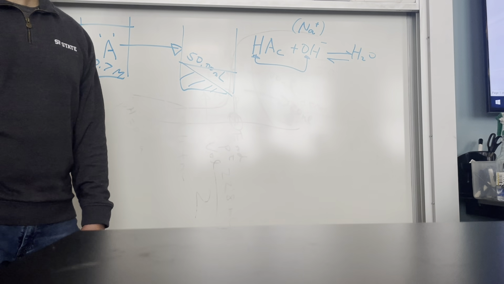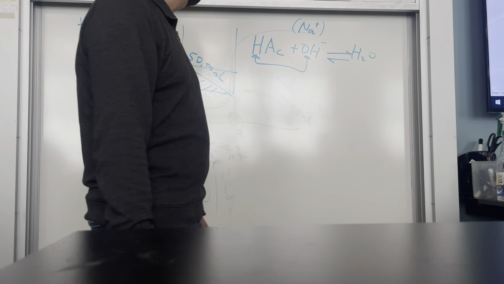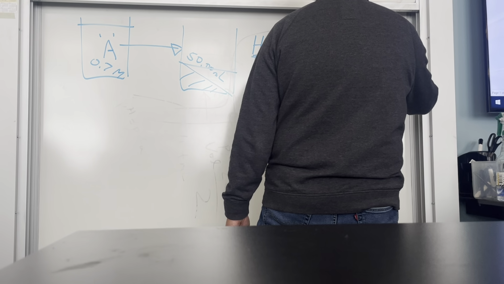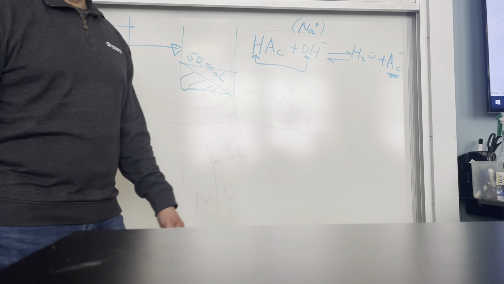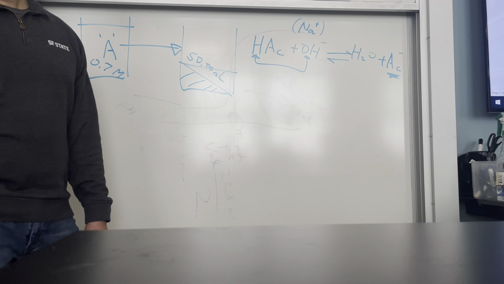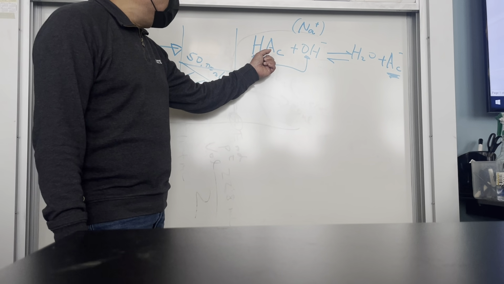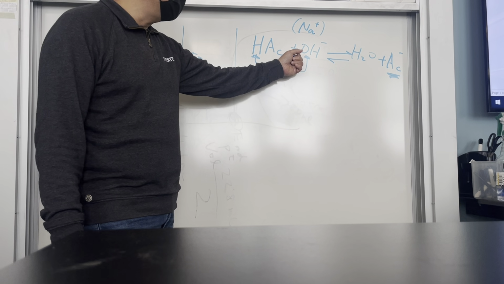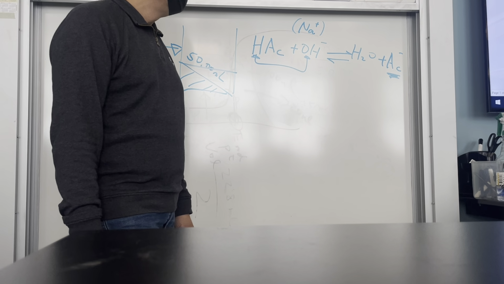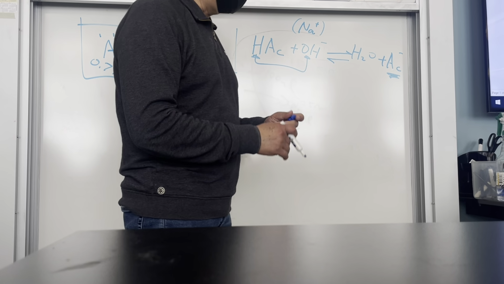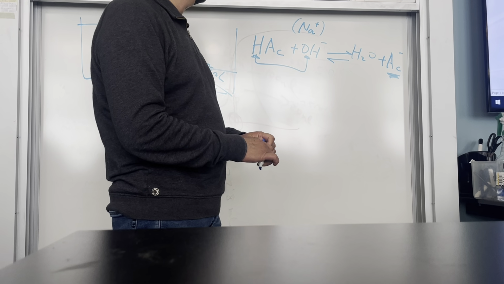We get water. That's neutralization. What else do we get? Conjugate base. When we neutralize the acid with sodium hydroxide, a strong base, we get water, and we also get conjugate base.